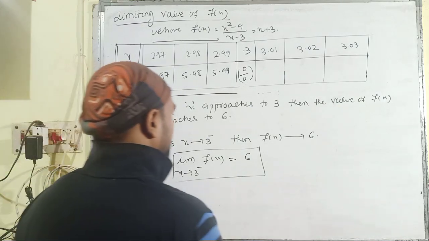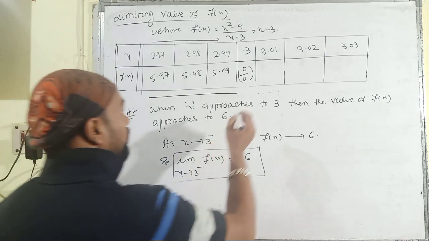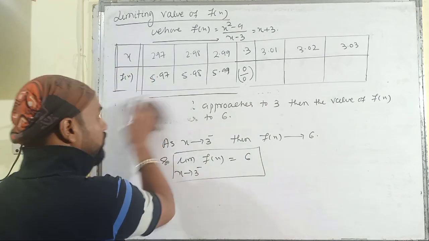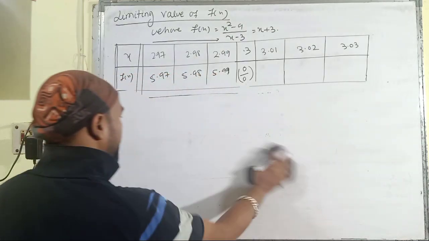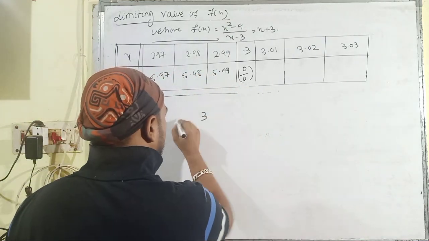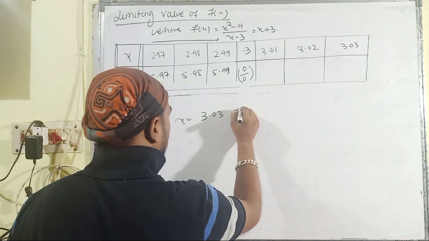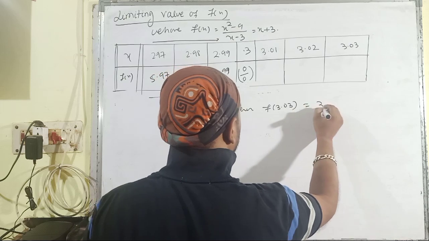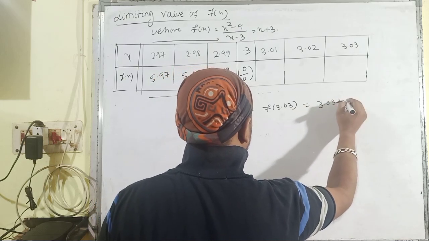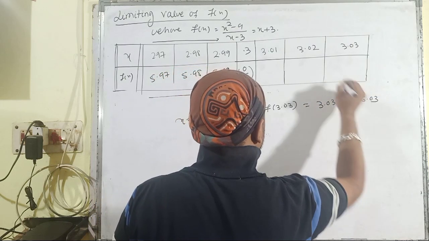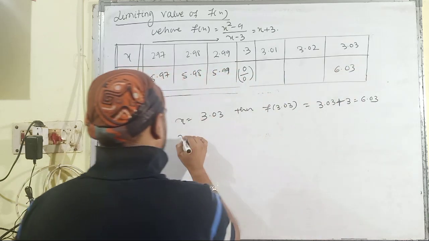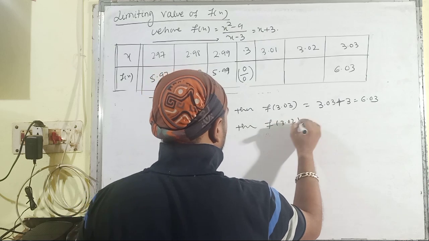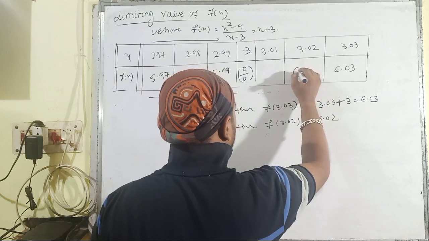Similarly, now we have to calculate the right hand limiting value. Okay, so let us find out the right hand limiting value. If we are putting x is equal to 3.03, then f of 3.03 is equal to 3.03 plus 3, which is 6.03. When x is equal to 3.02, then f of 3.02 is equal to 6.02.